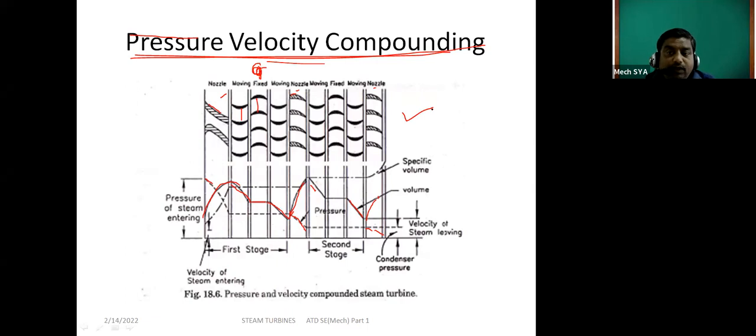This is the combination of both pressure and velocity compounding. Both are being absorbed. Okay. Anybody have any doubt? Please draw the diagram. If anybody has a doubt, you can ask. If you understood, please mention it in reply.